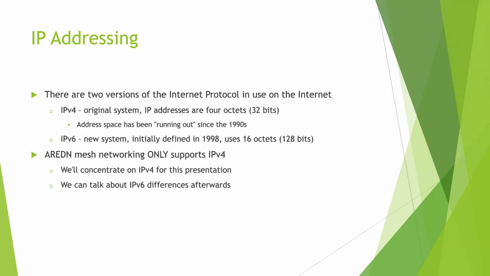IPv6. We'll talk about IPv6. So IPv6 is the new system that was originally described or decided on in 1998. It uses 16 octets per address, which is 128 bits, twice as many bits as the new MAC addresses are going to use.